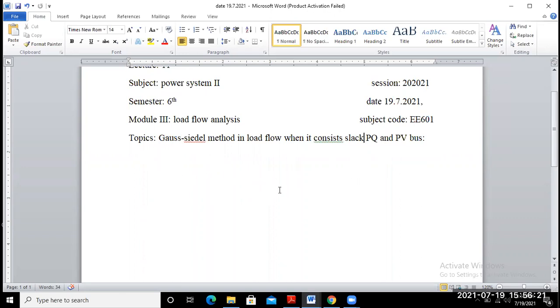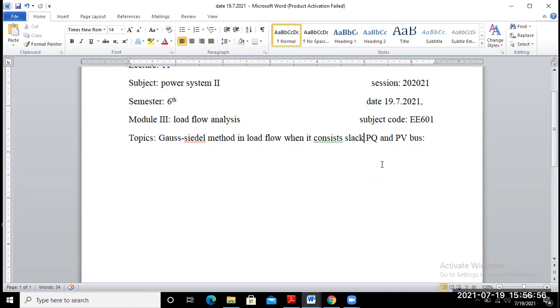As you know, when PQ buses and a slack bus consist in a power system, we find the unknown variables, that is the magnitude of voltage and phase angle of the voltage, that is the phasor of the voltage.